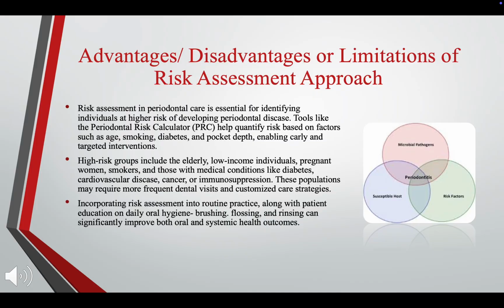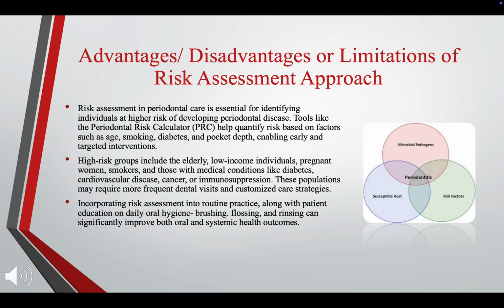Advantages, disadvantages, or limitations of the risk assessment approach. Risk assessment in periodontal care is very important to identify those individuals who are at higher risk of developing periodontal disease. Tools like the Periodontal Risk Calculator help to identify factors such as smoking, diabetes, and pocket depth, allowing early diagnosis and intervention of the periodontal disease.